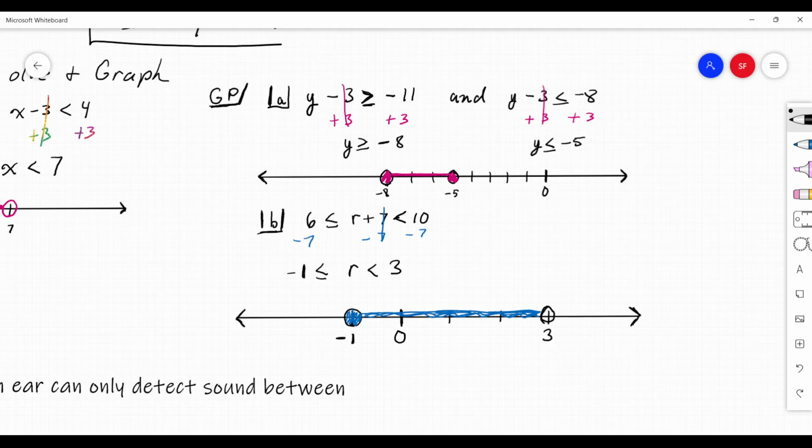There are the examples for the GPs. Those are what we should have got. What questions do we have on those? I thought you meant graph A and B together, so that's what I did. So you ended up shading everything? No, both conditions have to be true at once.